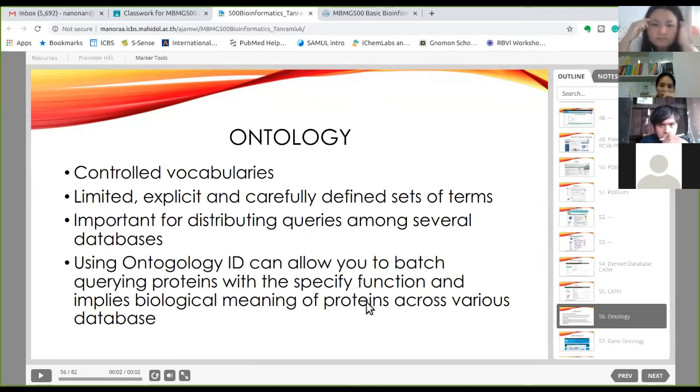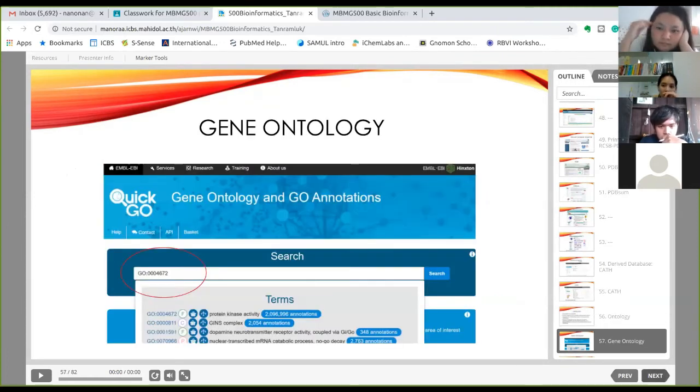So for example, this one is called ontology. We have GO, gene ontology, and then 0004672. When you have IDs like this one, called ontology, it shows you that this one is specific for the vocabulary called protein kinase activity.